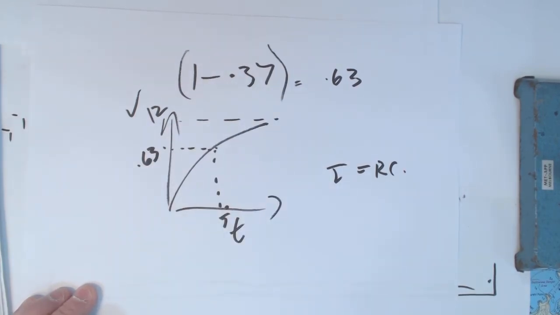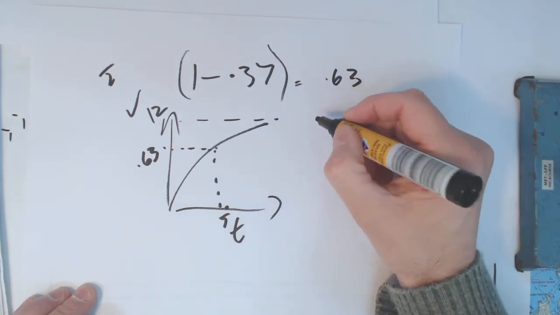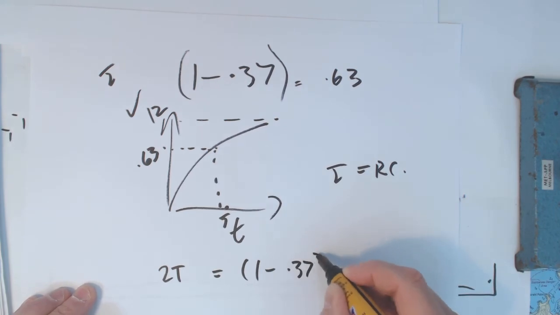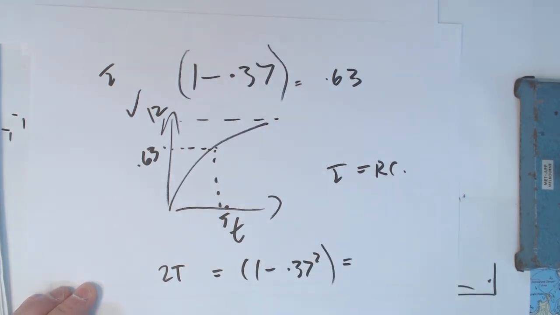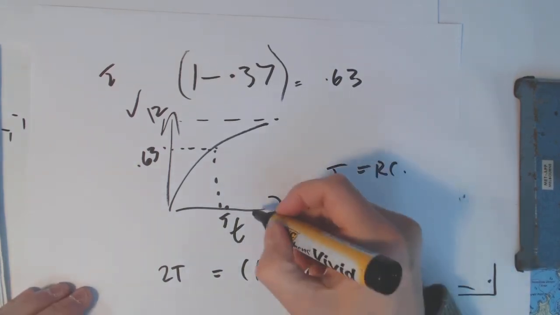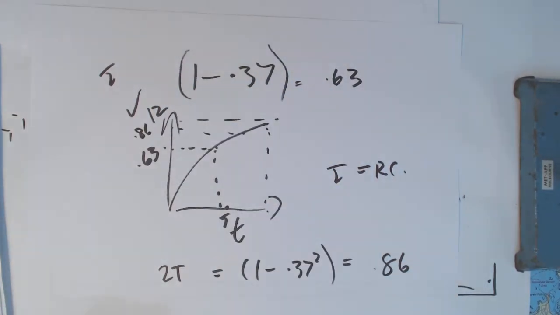What about 2 time constants? 2 time constants is equal to 1 minus 0.37 squared. Now we said 0.37 squared is equal to 14%, so that equals 0.86. So after 2 time constants, that would be 0.86 of its final value.